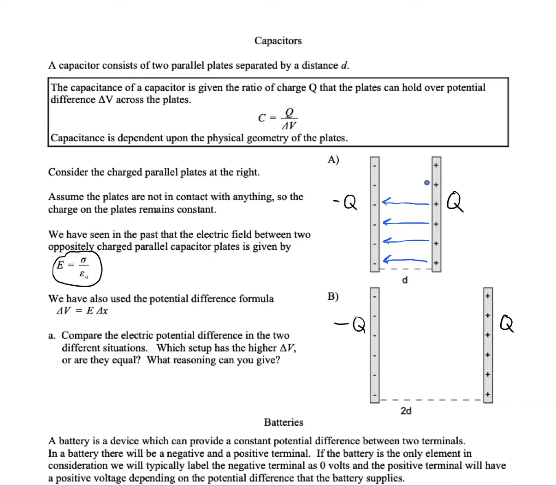The number of field lines shows us how strong the field is, so we just want an equal number of field lines in both cases. If there's a field E in setup A, then there will be an equal field of E in setup B.